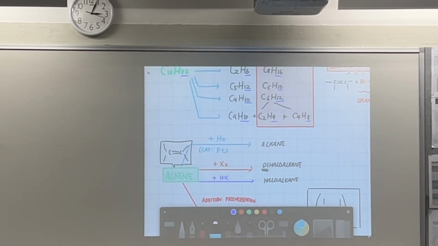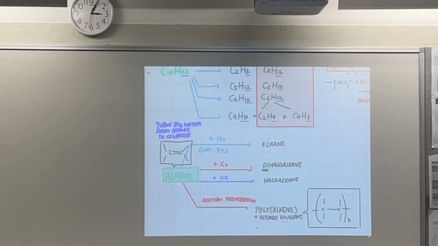This one turns bromine water from orange to colorless. That's true for alkene. But for the product polyalkene, bromine water stays orange, despite the name, because it is really an alkane. Despite the name, is that clear?